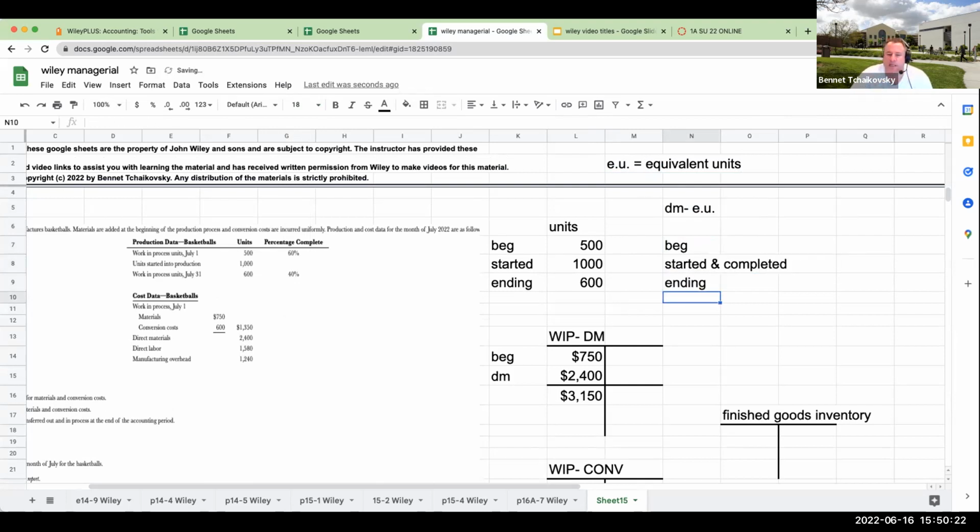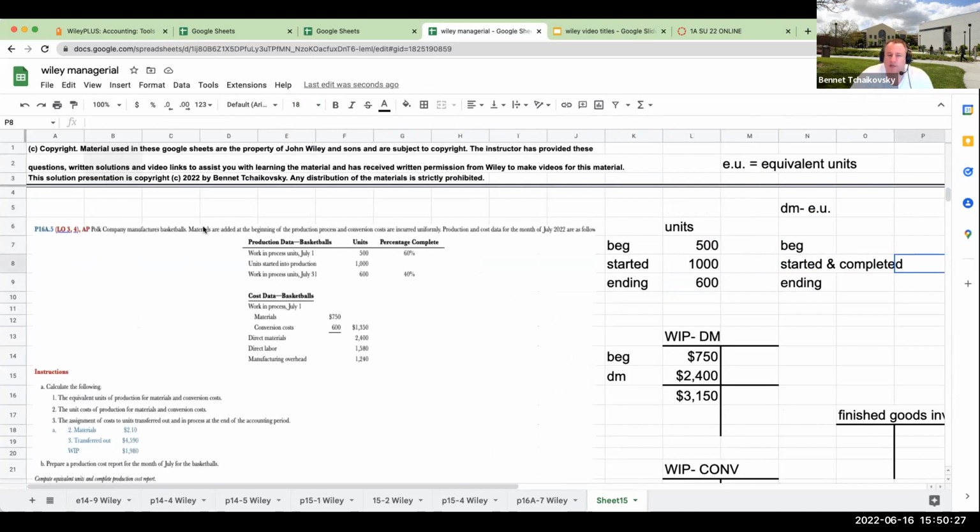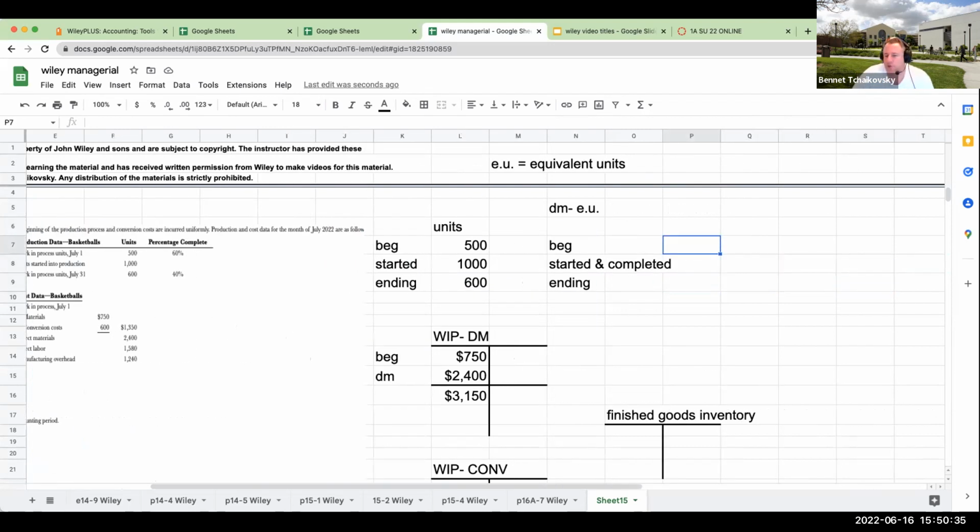In terms of the beginning, it says that materials are added at the beginning of the production process and conversion costs are incurred uniformly. So as far as how complete these beginning units are, this 500 is going to be 100% complete with respect to materials.